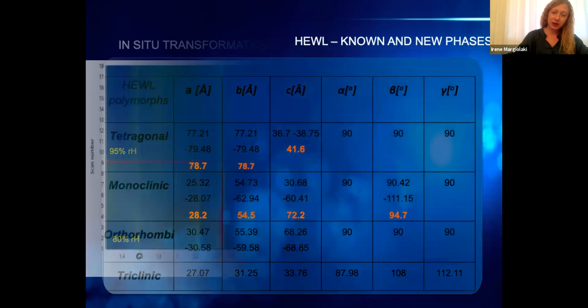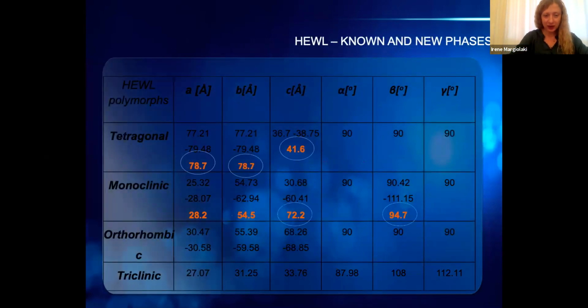Then we did several more experiments, and we saw that we got two new crystal polymorphs of lysozyme. One is monoclinic with the orange lattice dimensions, and the other is tetragonal, again shown with the orange lattice dimensions.